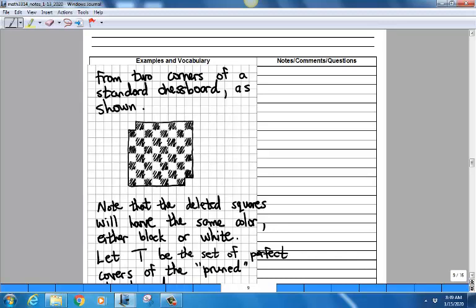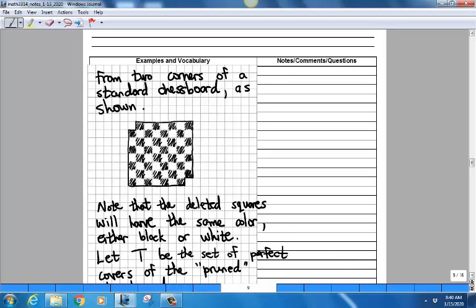Now it's conceivable that we could have a tiling, because we do have the right number of squares. So that basic condition is met. Each domino is going to cover 2 squares, so when you cover this chessboard with dominoes, you're going to be covering an even number of squares, 2 for each domino.